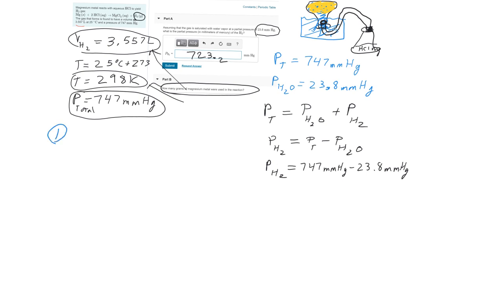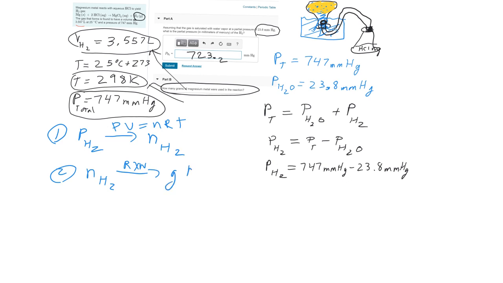Step one, we're going to take that pressure of hydrogen gas and get it to moles of hydrogen gas using PV = nRT. Then we're going to take that moles of hydrogen gas and use that reaction they gave us in the little box there to go to grams of magnesium, just like we would in chapter 6.